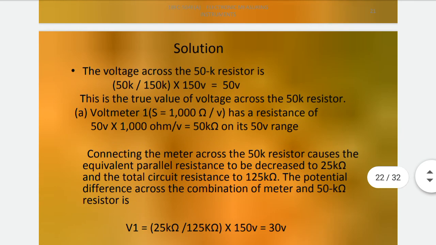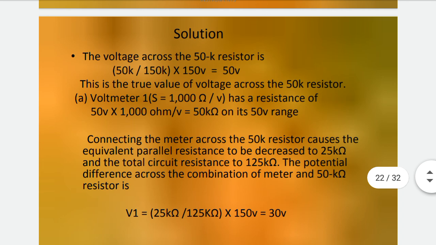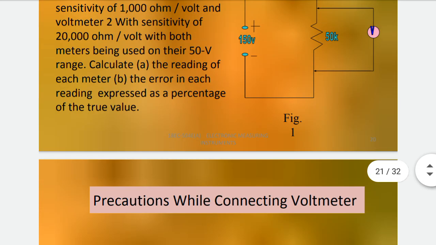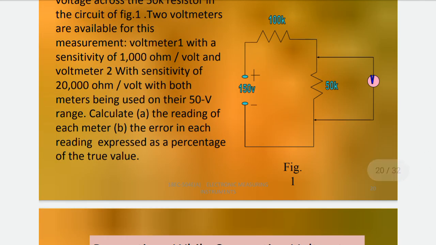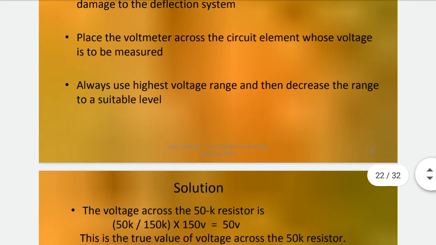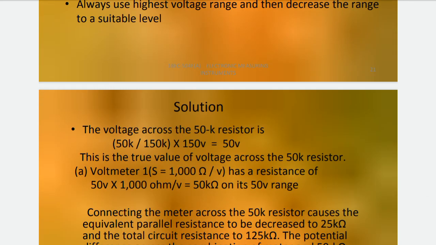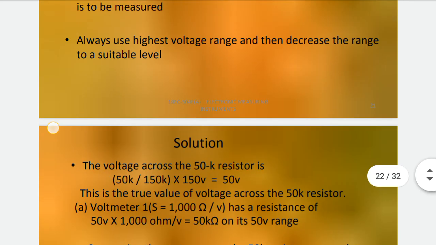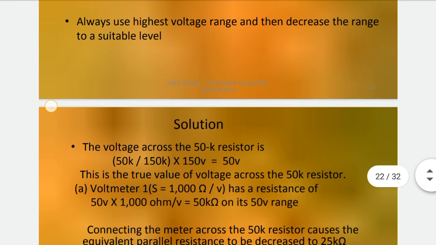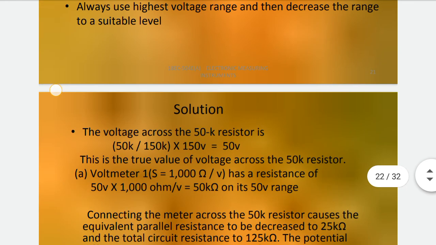So the voltage across the 50 kilo ohm resistor is V equal to the total voltage into the resistance across which it is measured divided by the total resistance, that is 50 by 150 into the supply voltage 150.